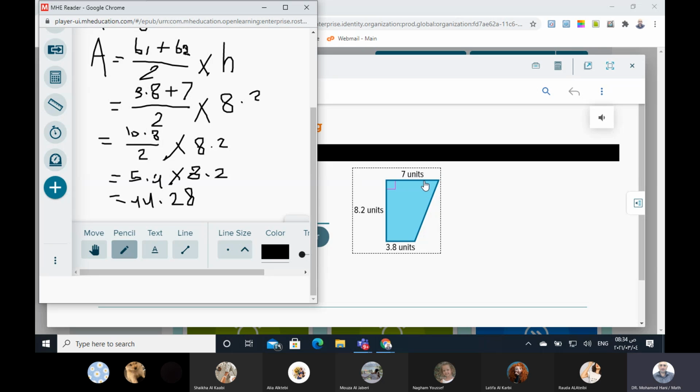And the unit, when it is units, means write units squared. This is the area of this trapezoid.